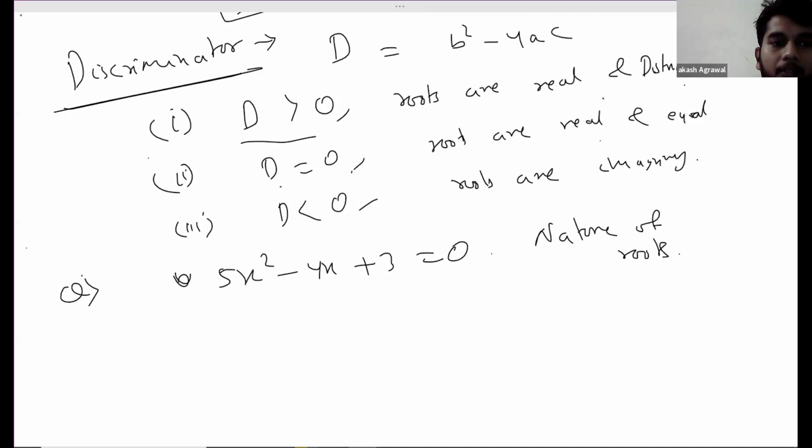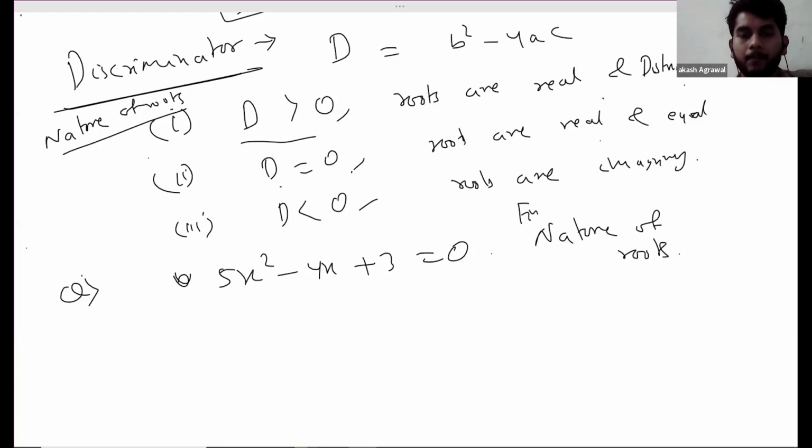Alright, this is called nature of roots. Okay, Abdullah, Yasir, Afnan, you can solve this. Yes, sir. Okay, 2 minutes. Please solve it. Very easy question. Just find the value of D.